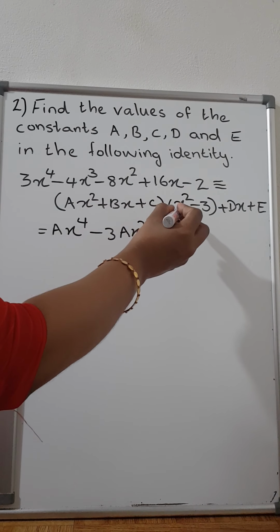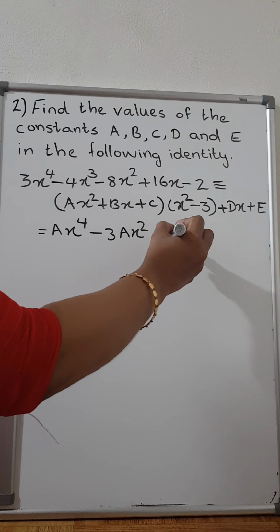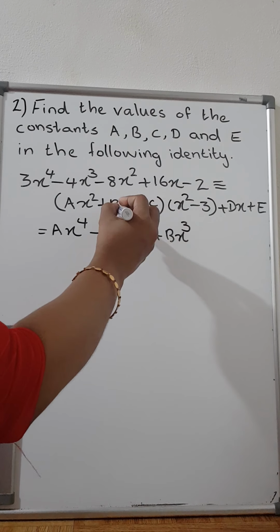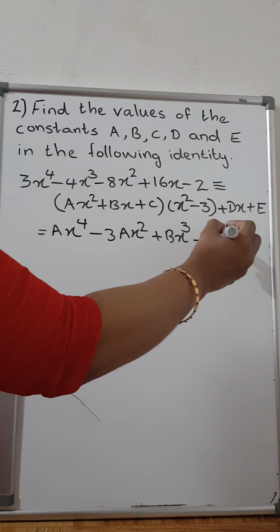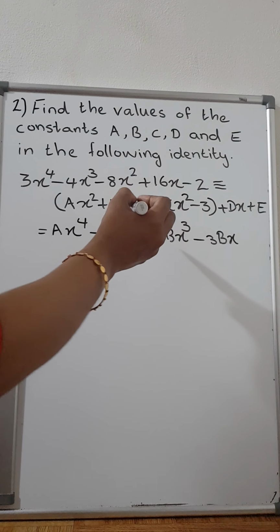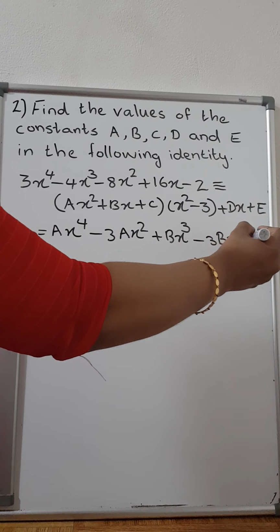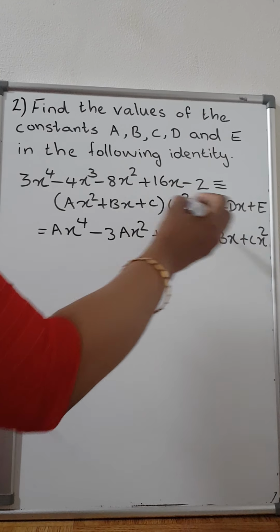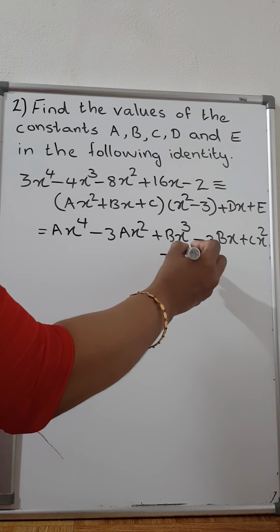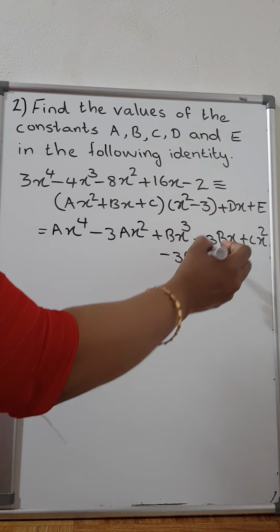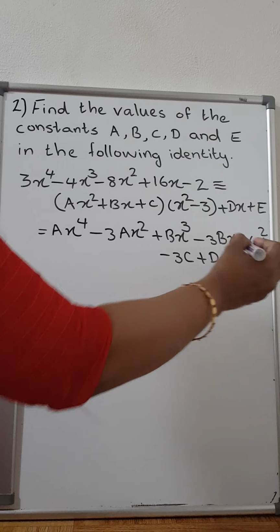Now bx times x squared is plus bx cubed, plus bx times minus 3, minus 3bx, plus c times x squared, that is cx squared, plus c times minus 3, minus 3c. Then we have plus dx plus e.